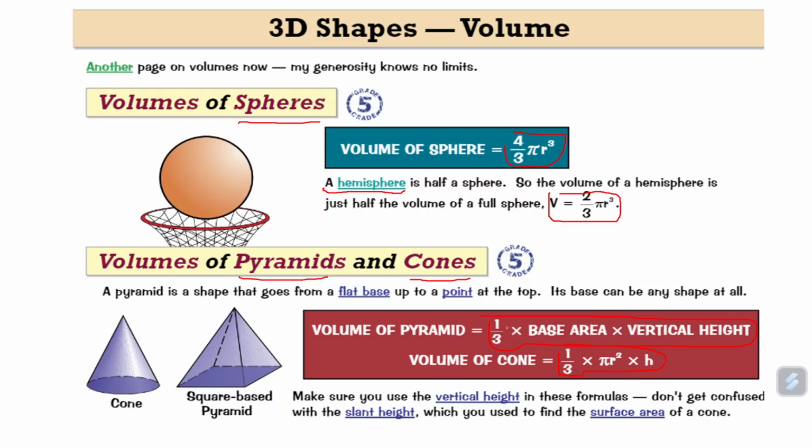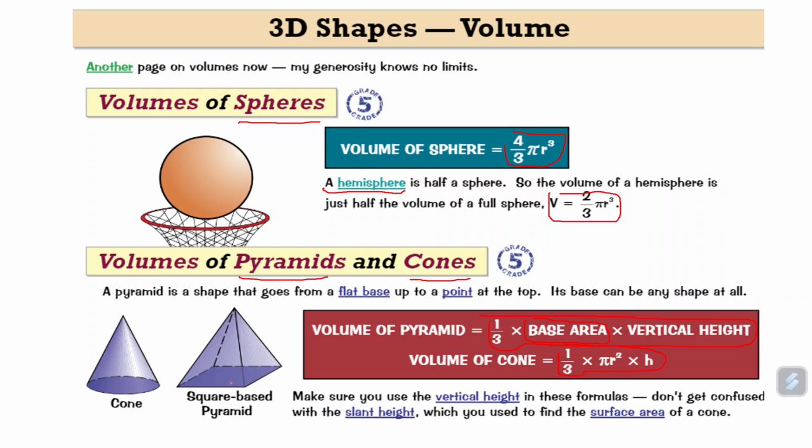What the volume of a pyramid means by the base area is, you can see we have a pyramid whose base area is a square, a square base pyramid, and there are other pyramids that have a triangle base. So you just need to be conscious to look at the base area.